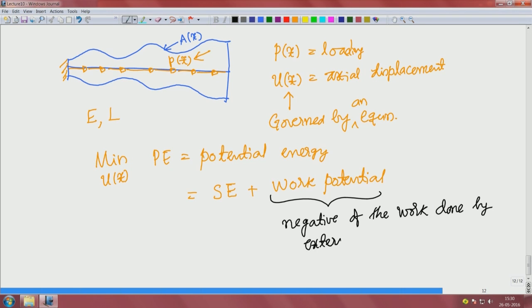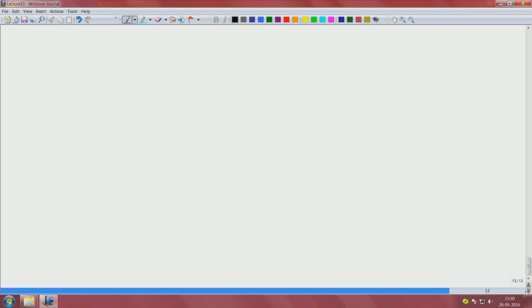Here the external force is that P. So, what we have here, if we write for this problem, is potential energy is strain energy plus work potential.